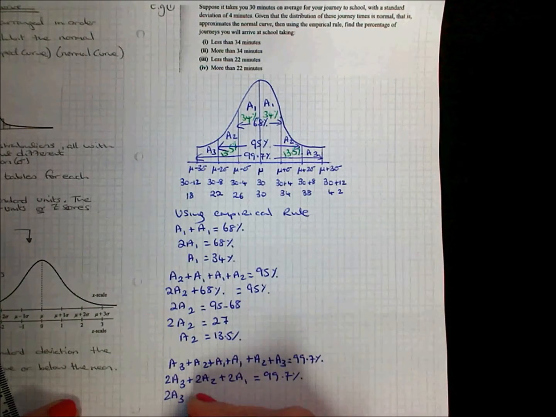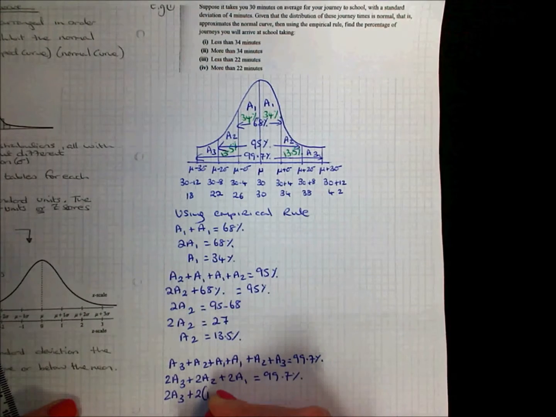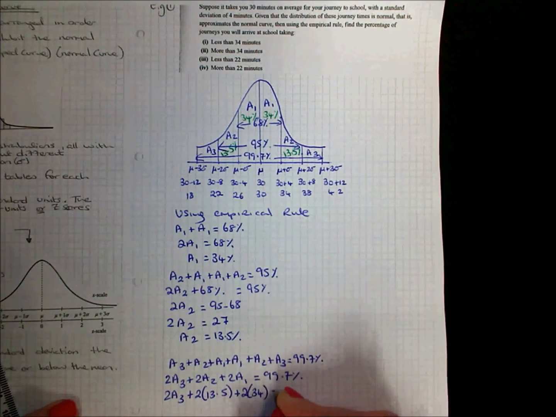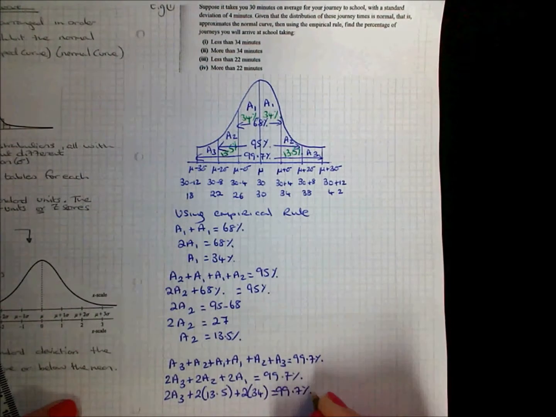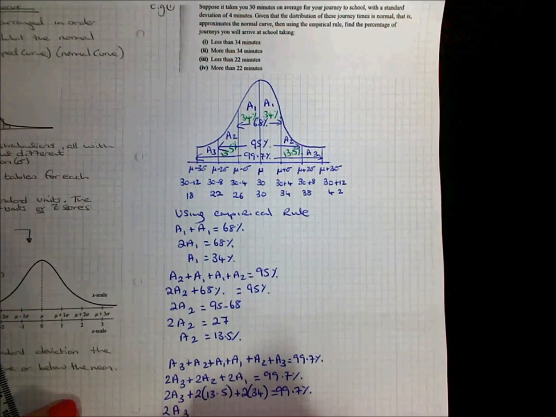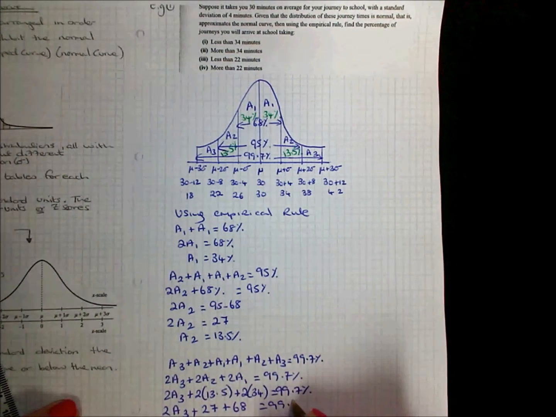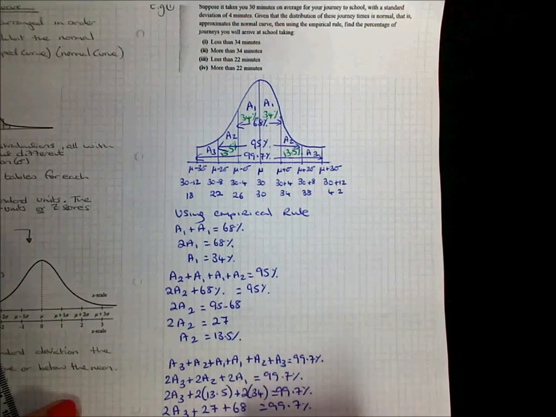So twice area 3, plus twice 13.5, plus twice area 1, which is twice 34, is equal to 99.7%. So twice area 3 plus 27 plus your 68 is equal to 99.7%. So twice area 3 is equal to 99.7% minus 95.